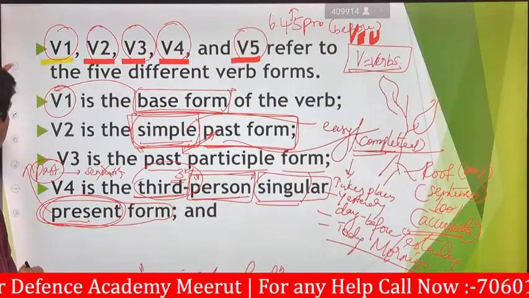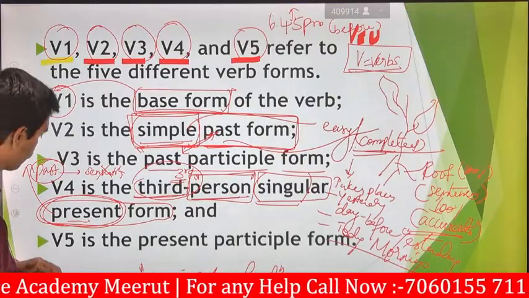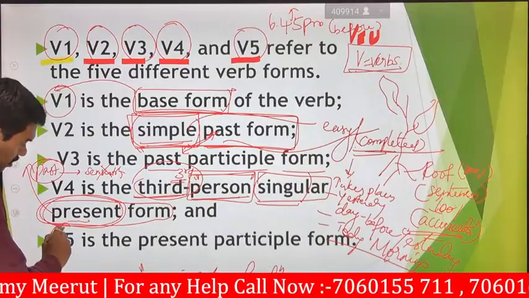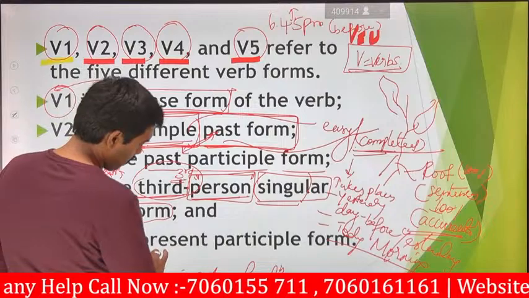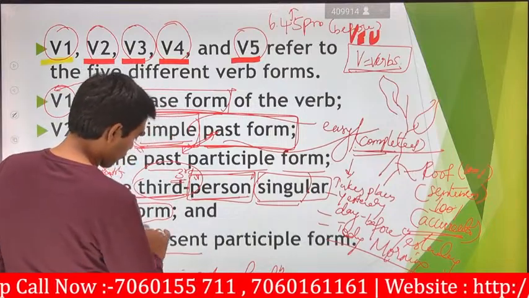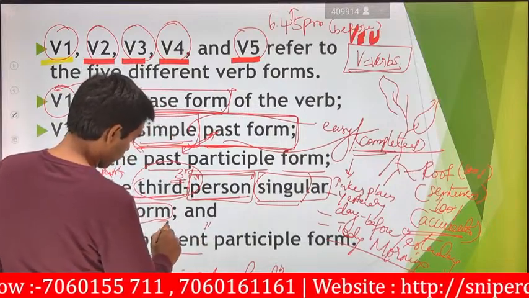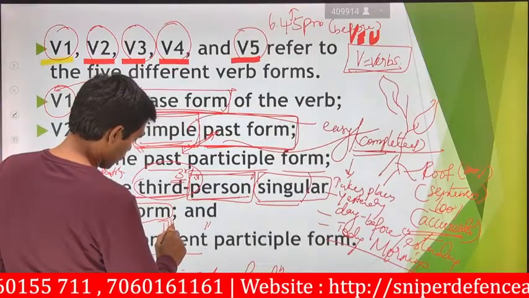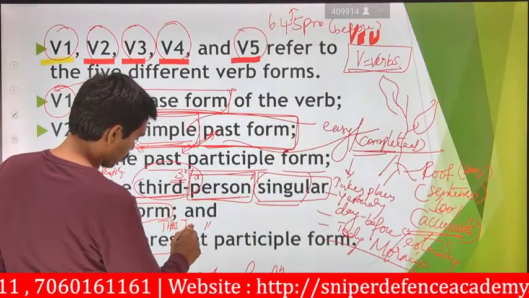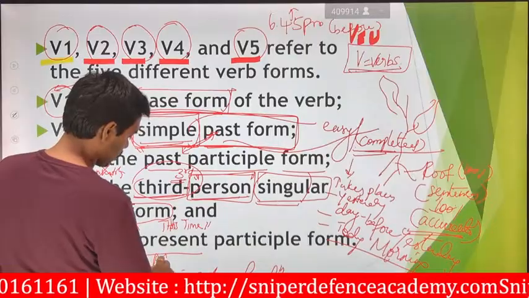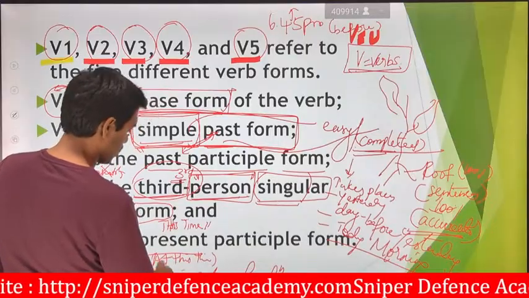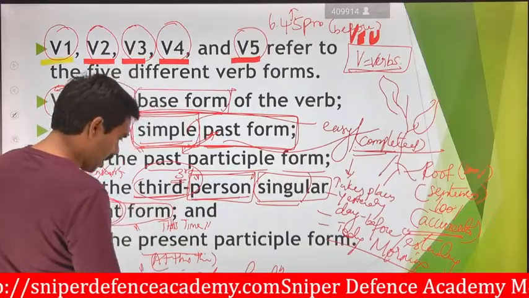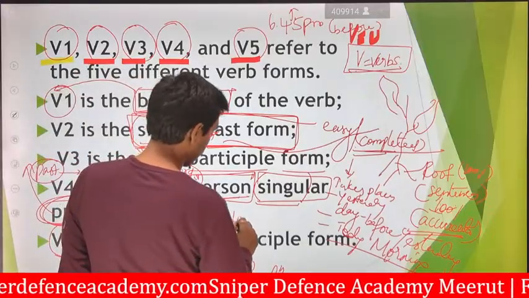Next one is V5. We have seen that V5, verb 5, is the present participle. At present, now, this time. What are you going to do at this time? We can say: at this time, at present. These are some of the examples we can use.